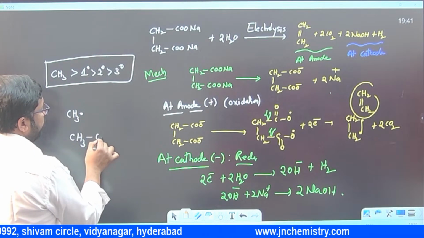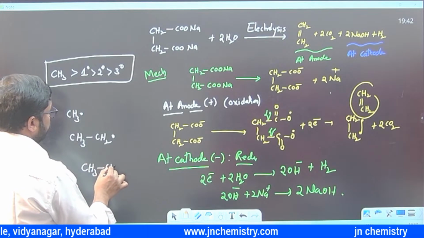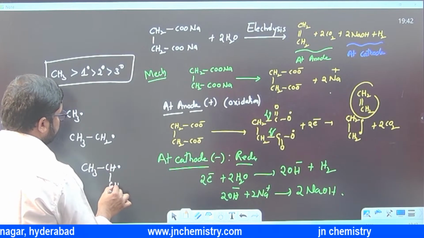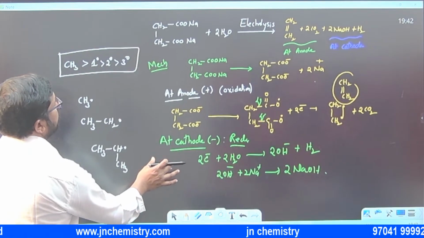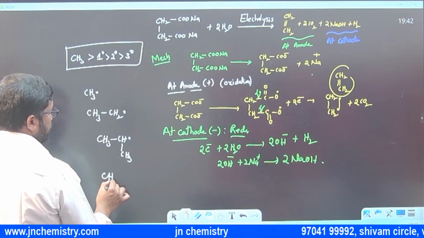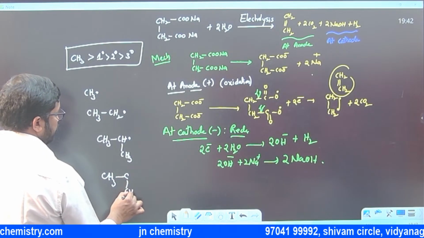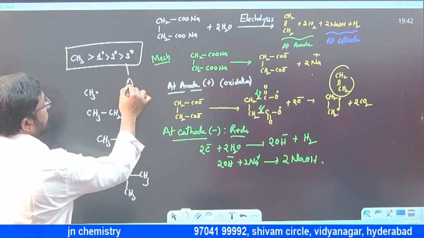These are also primary, like this is secondary. In case of tertiary, we'll get alkenes as major products. CH3, CH3, CH3. In this case, alkenes as a major product.